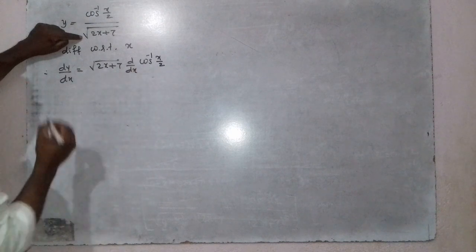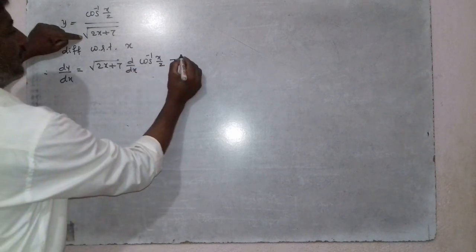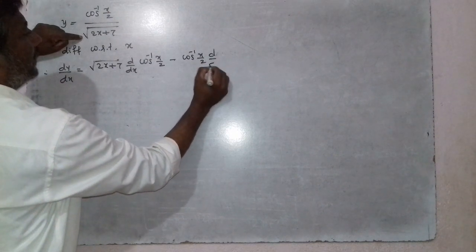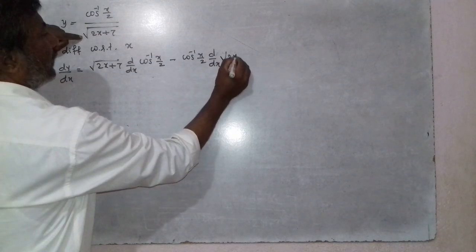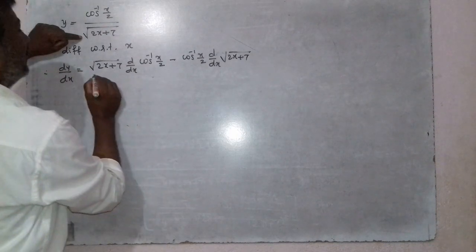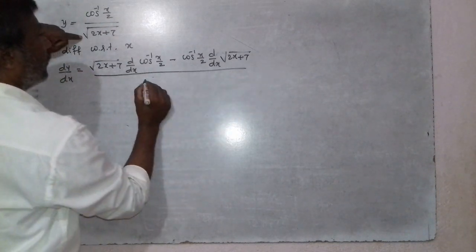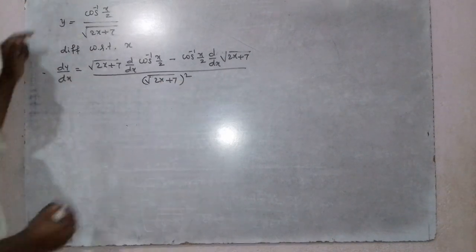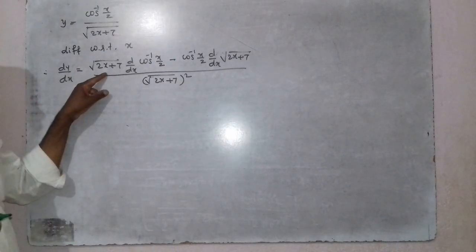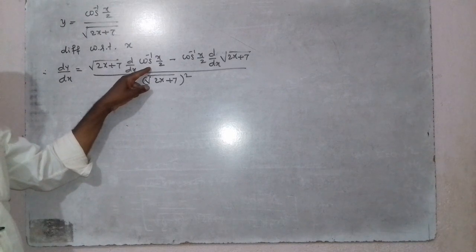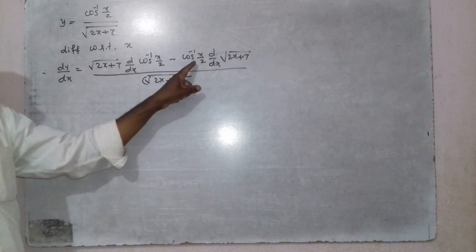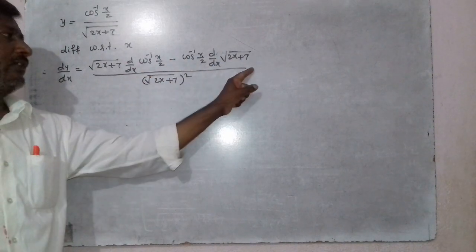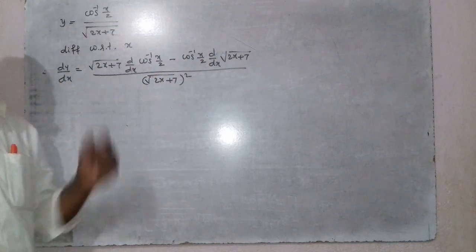(x by 2) minus cos inverse (x by 2) into d by dx of root (2x plus 7), this divided by (root of 2x plus 7) whole square. That is, denominator into derivative of numerator minus numerator into derivative of denominator, whole divided by denominator square.